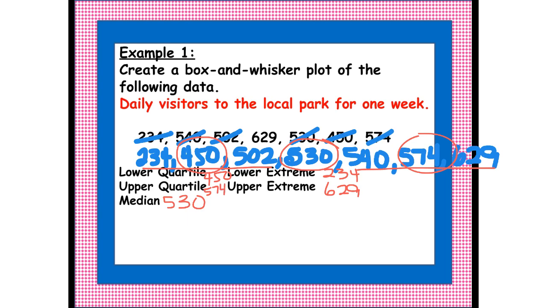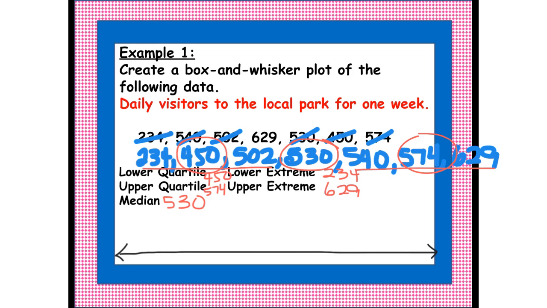Alright, so once I have all my data, I'm ready to start drawing. So the first thing I need is a number line. Now my number line has to go from 234 to 629. That's a long ways. I am definitely not counting by ones. I'm not even going to count by tens.